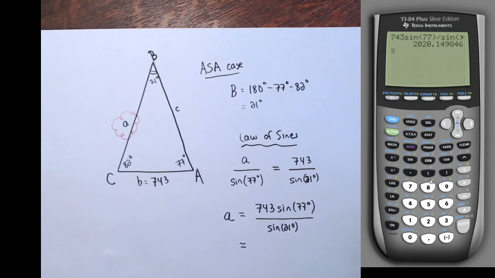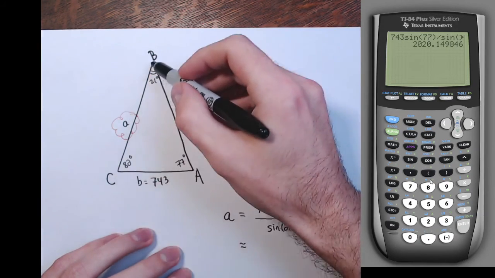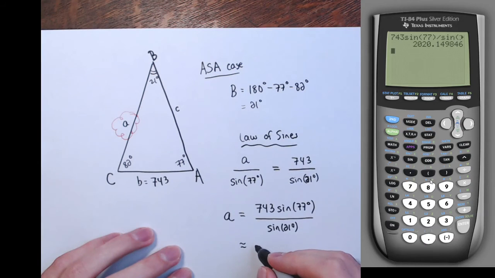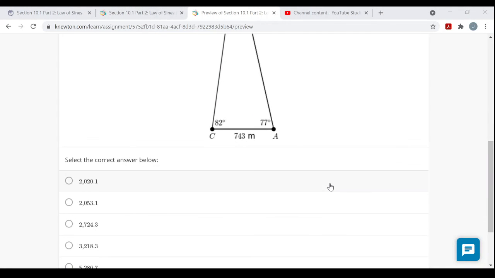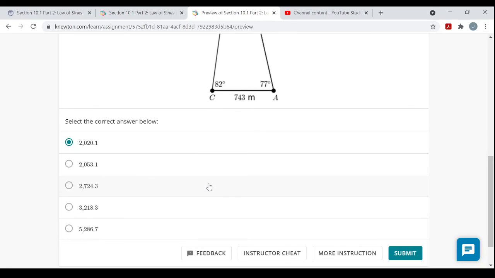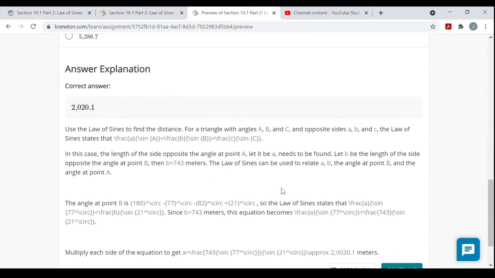And so the side length A, the distance from this base at point C to the plane at point B, is approximately 2020.1 meters. And that's all we're asked to figure out using the law of sines. It looks like this first option, 2020.1. Great. And again, they take you through the same calculations I just went through.